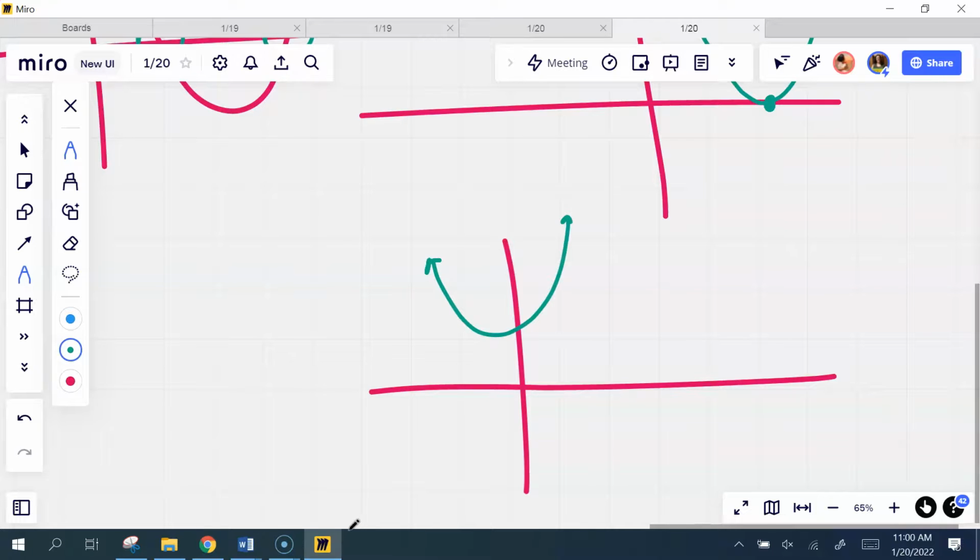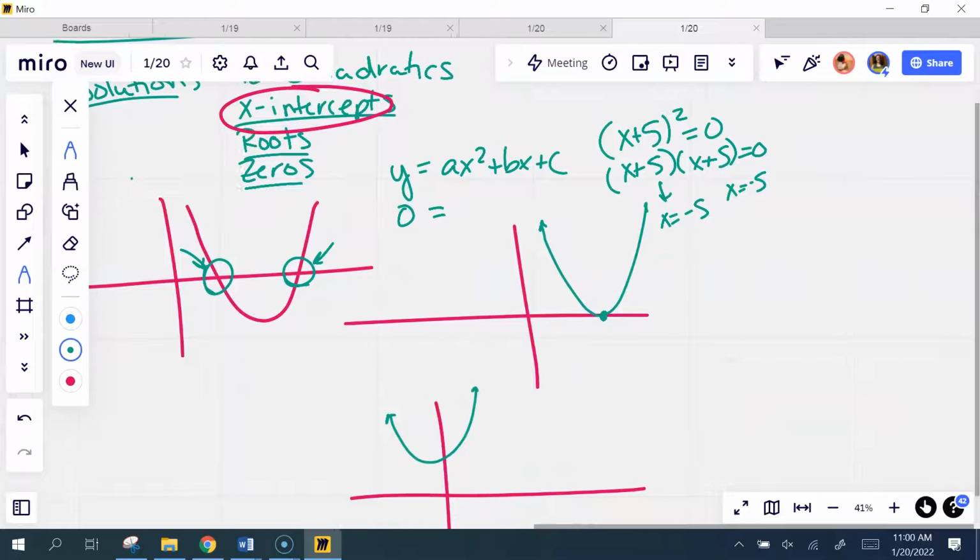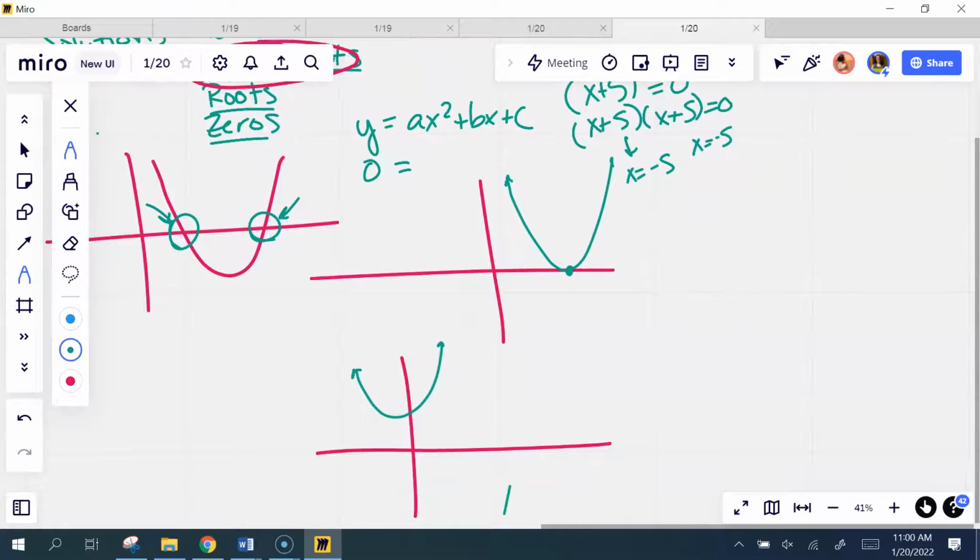Do you agree? It's never going to jump down and touch the x-axis. It's going up. That's an example, or maybe it opens down this way and never touches. Either of those would be examples of a zero solution situation. Does that make sense to everybody? So this is two solutions, one solution, this is no solution, and this is no solution.